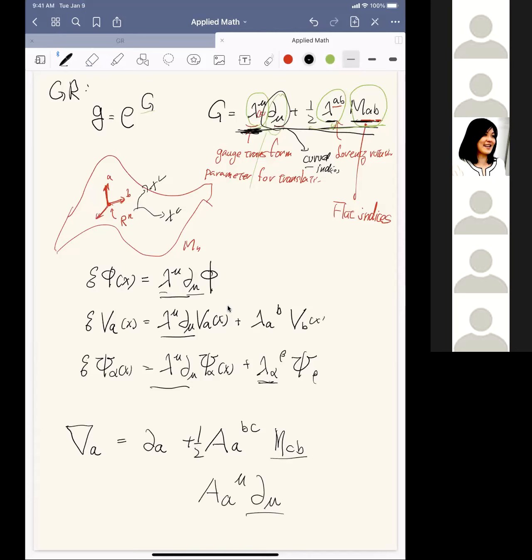Since I've already identified the generators as translation and Lorentz transformation, I have a gauge field associated with my Lorentz transformation, and I also have a gauge field associated with my translation. Okay. So does this equation look weird? Do you guys feel this is weird? Is there something weird about this thing?